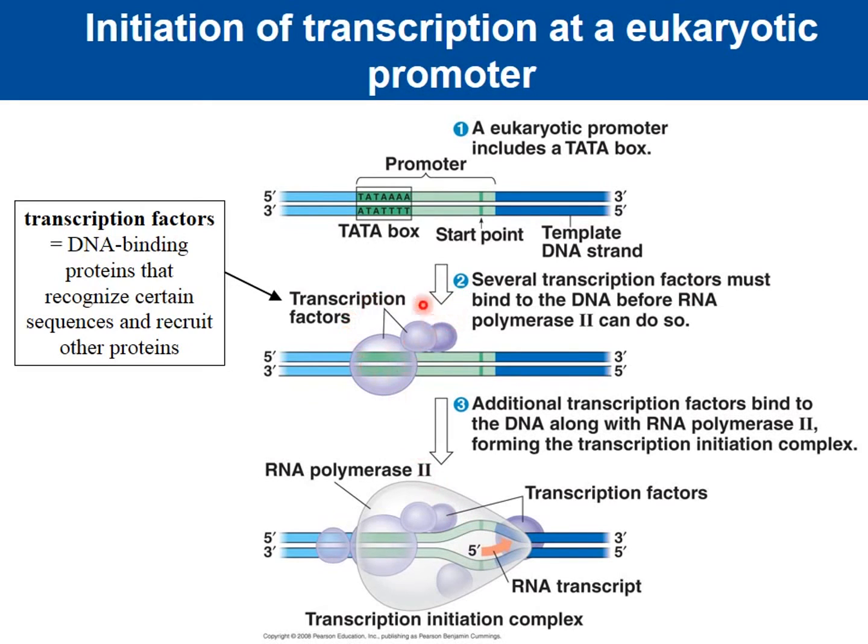And so these proteins help bring RNA polymerase to the promoter, and they help initiate transcription. And so this is going to form something called the transcription initiation complex. Okay, it's this group of proteins that helps RNA polymerase bind to begin transcription.